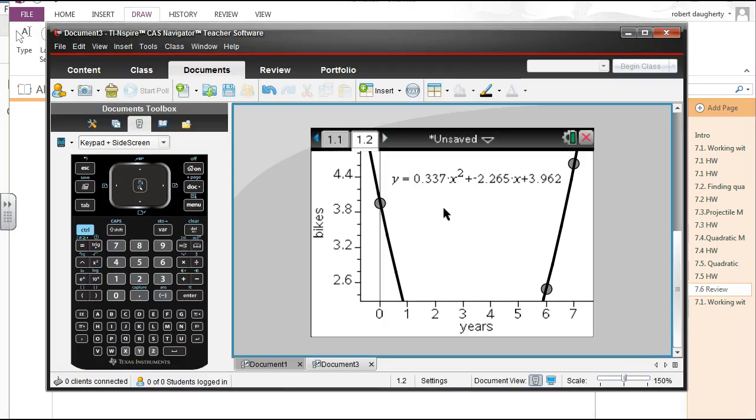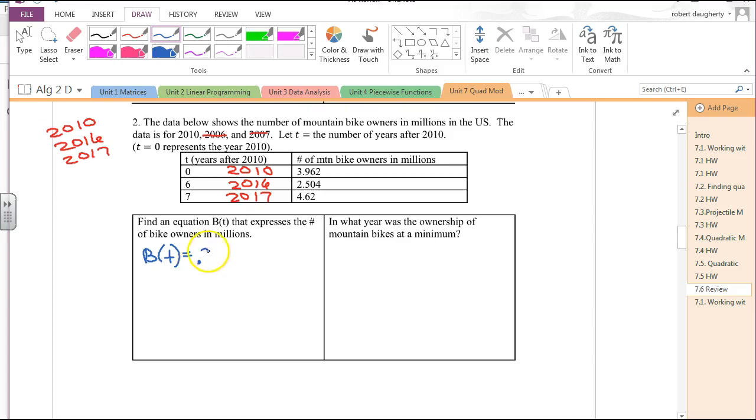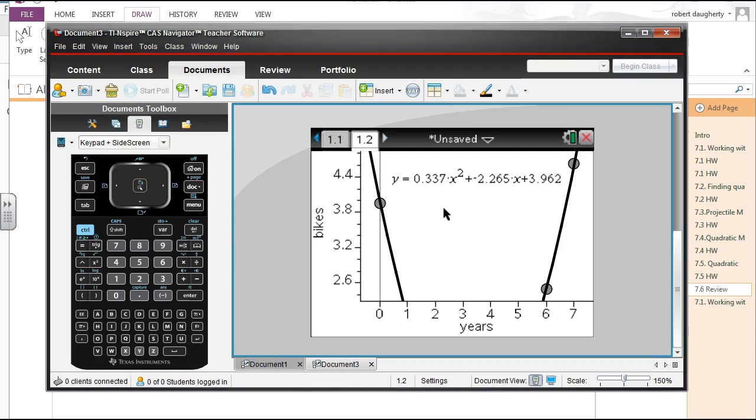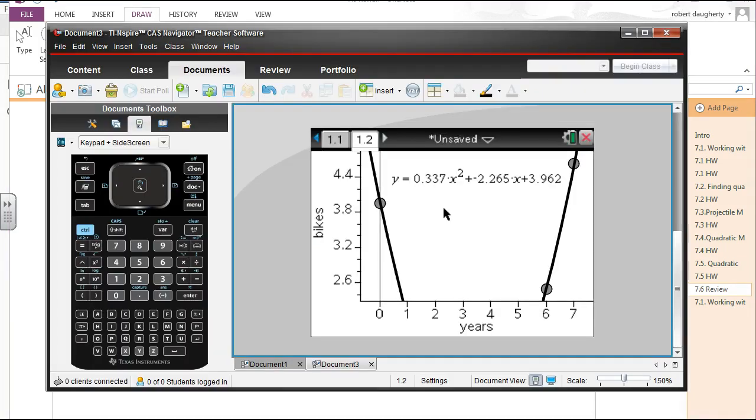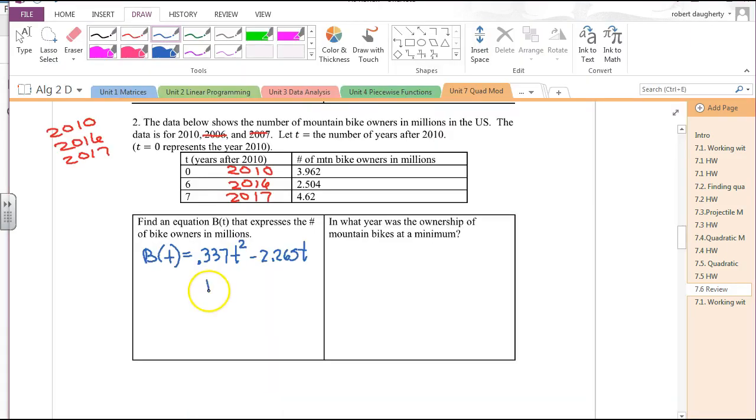0.337 t squared minus 2.265 t plus 3.962.